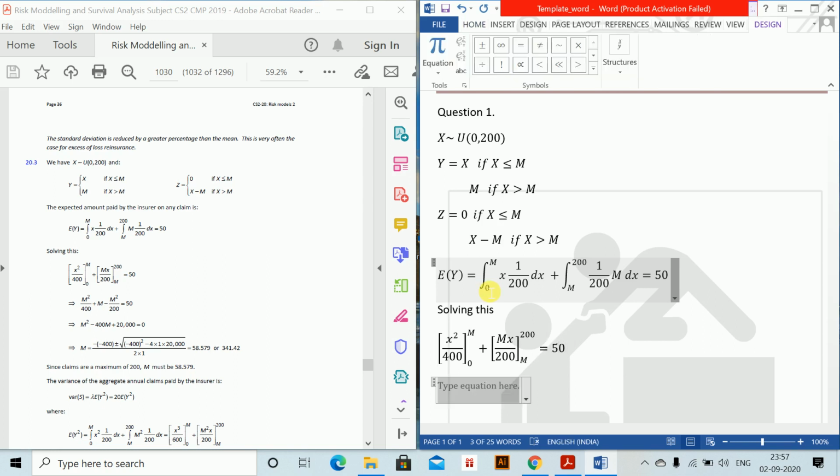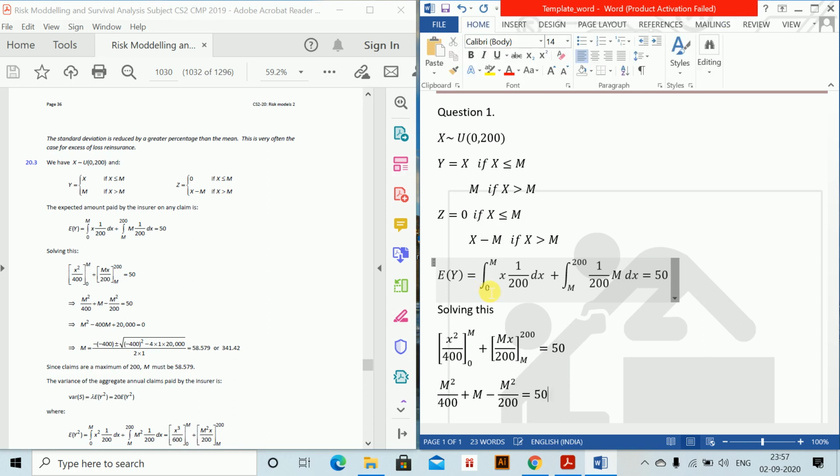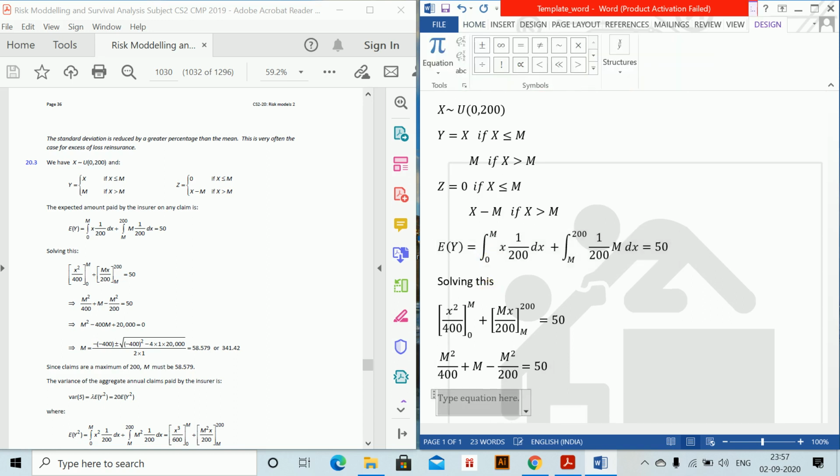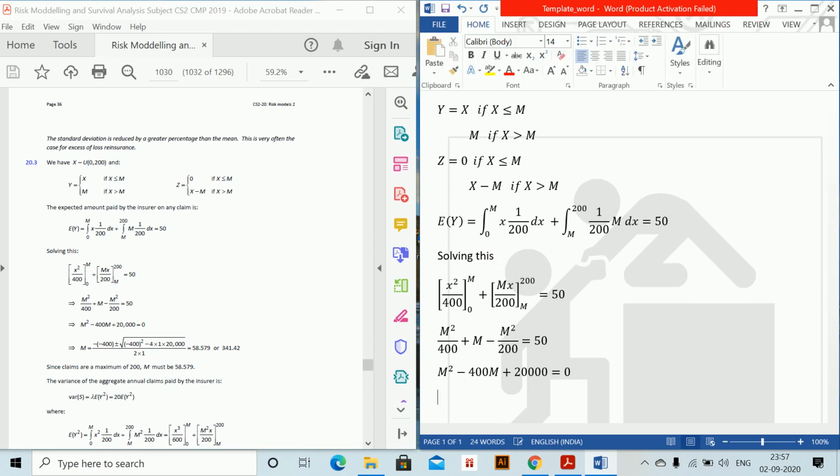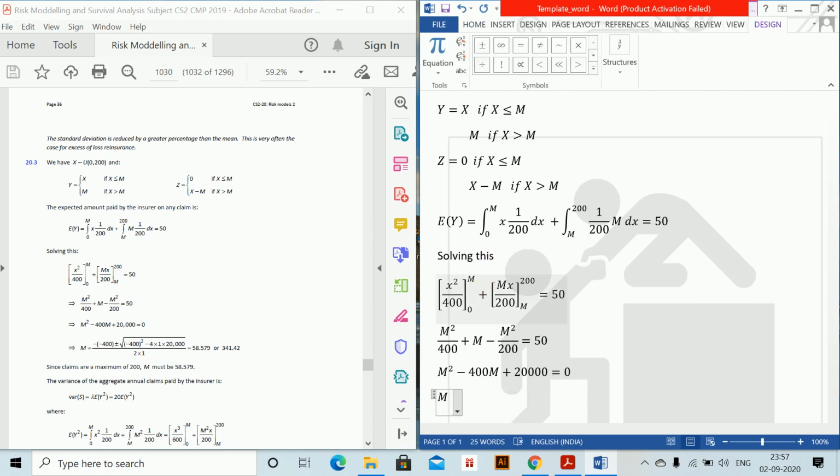Hence M squared divided by 400 plus M minus M squared divided by 200 is equal to 50. Therefore M squared minus 400M plus 20,000 is equal to 0. Hence we solve for M using the quadratic equation.